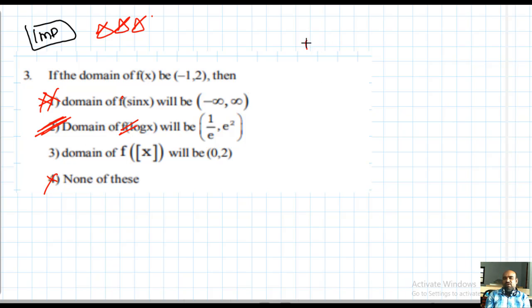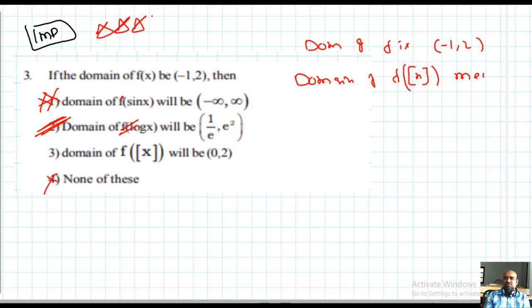Domain of f is minus 1 to 2. Domain of f of step x means we need to find x so that step x should belong to open minus 1 to 2.